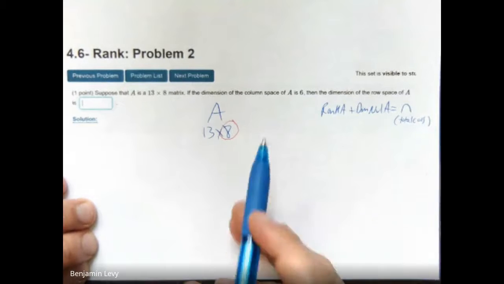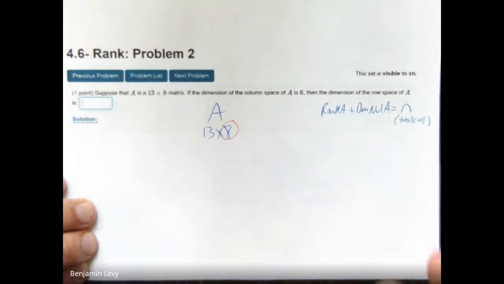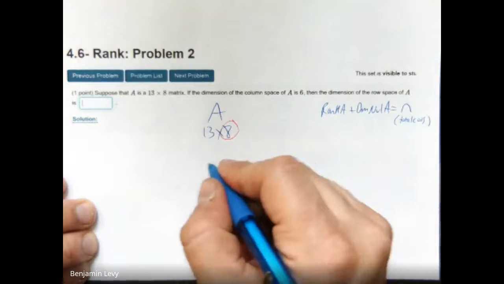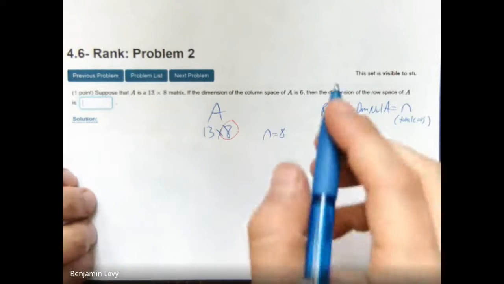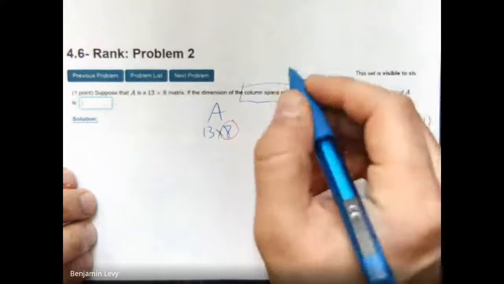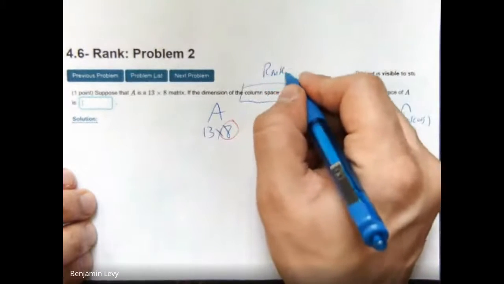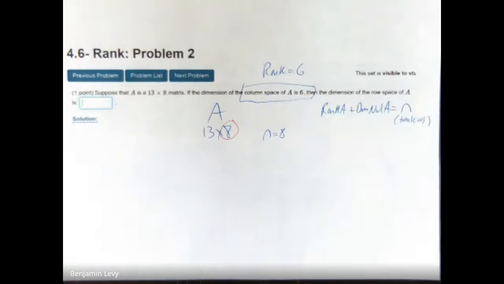We're being told it has 8 columns, so n is 8. And it says the dimension of the column space is 6, which means the rank is 6.